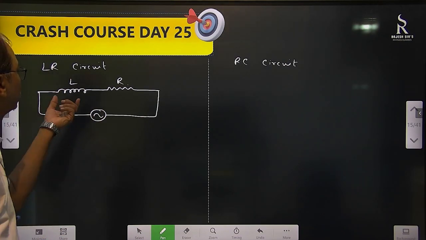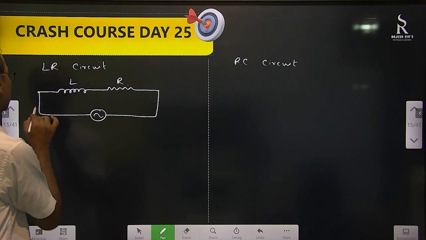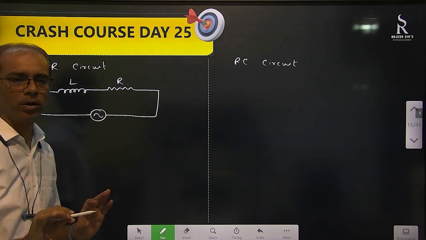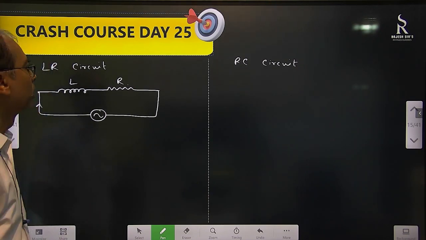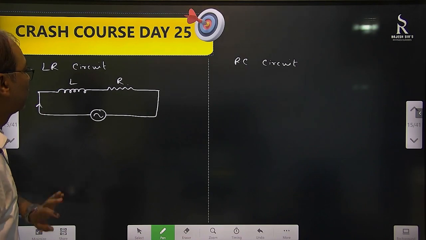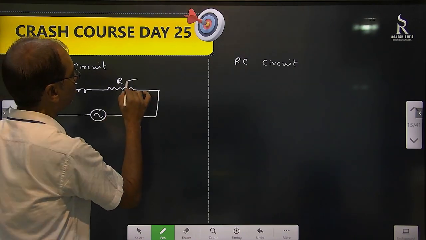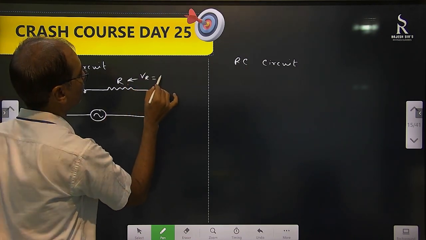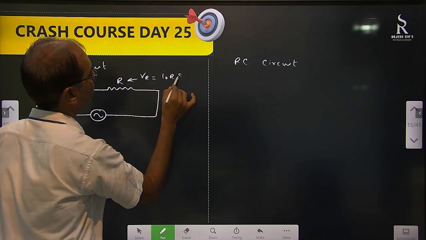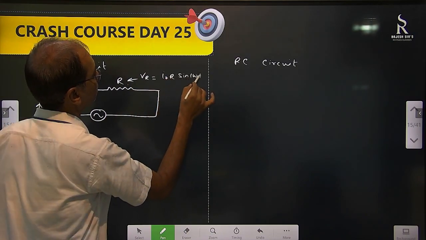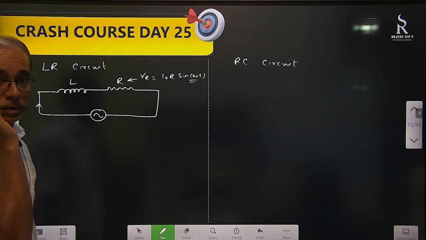Now when we talk about current, let's say the current is I equal to I naught sine omega t, and we are not making any change in that. Then the potential across the resistor, VR, will be I naught R sine omega t, because it does not create any phase change.